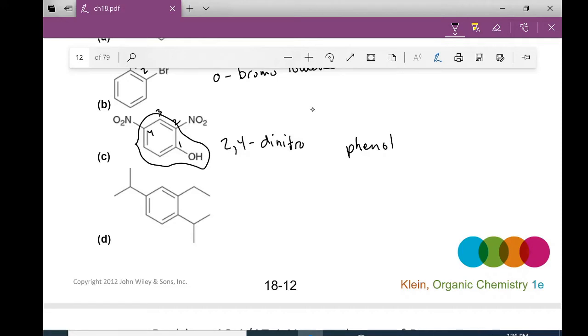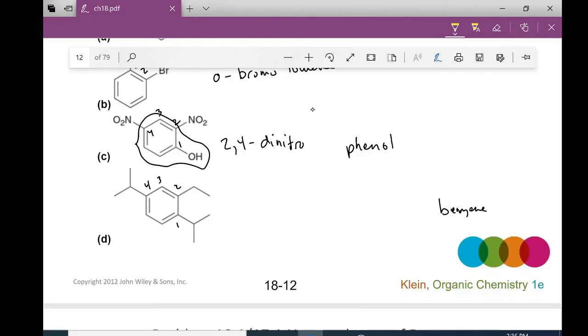All right, this next one does not match any of our parents that we learned, and so therefore we're going to have to use just benzene as our parent. Benzene, okay? So let's alphabetize these guys. We've got isopropyl and we've got ethyl. Let's give our substituents the lowest numbers possible. 1, 2, 3, 4.